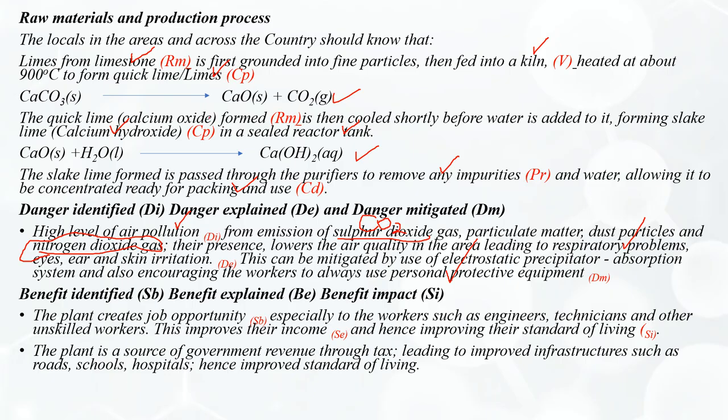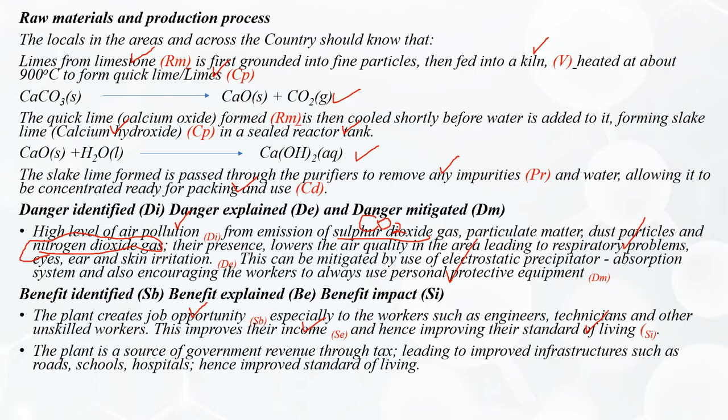Then the last point which we want is about the benefit of the industrial process. They're saying that the plant creates job opportunities, that is a benefit, especially to the workers such as engineers, technicians, and other unskilled workers. This improves their income, that is the effect, and hence improves their standards of living.